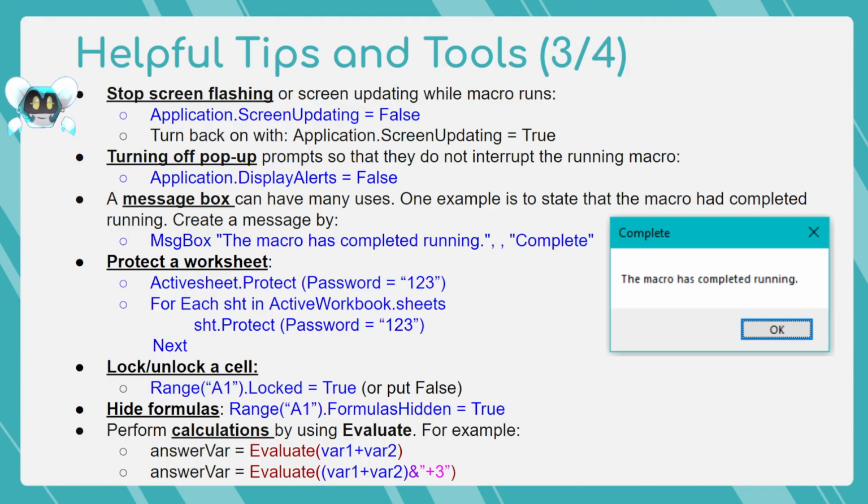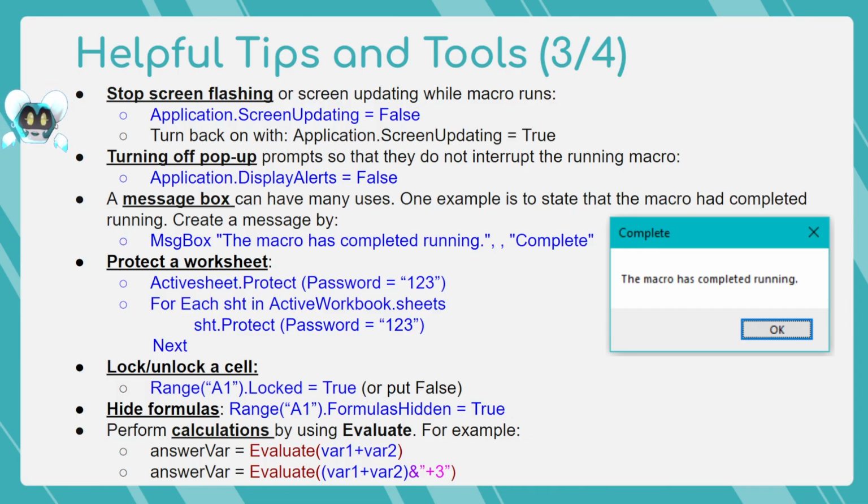So, third slide. As a macro is executing, it is as if you yourself were doing all of the work. So when you have the macro click between different sheets, you are going to see, as the coding is executing, your workbook go between the different sheets as well. And having your screen constantly changing, updating, flashing can be annoying or disorienting.